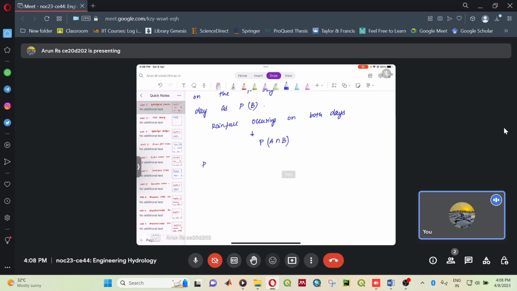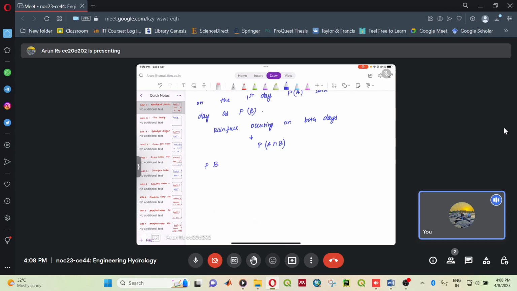So the probability of rainfall occurring on a second day is probability of B, given that, so I am putting a conditional probability here, that the rainfall has occurred on the first day.